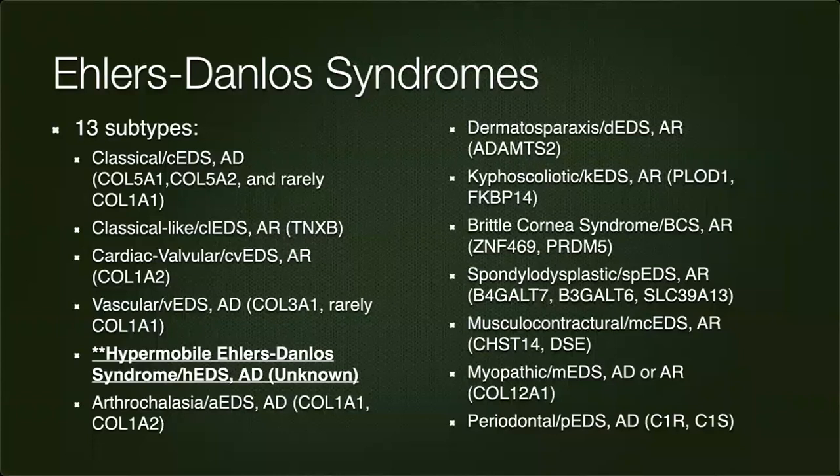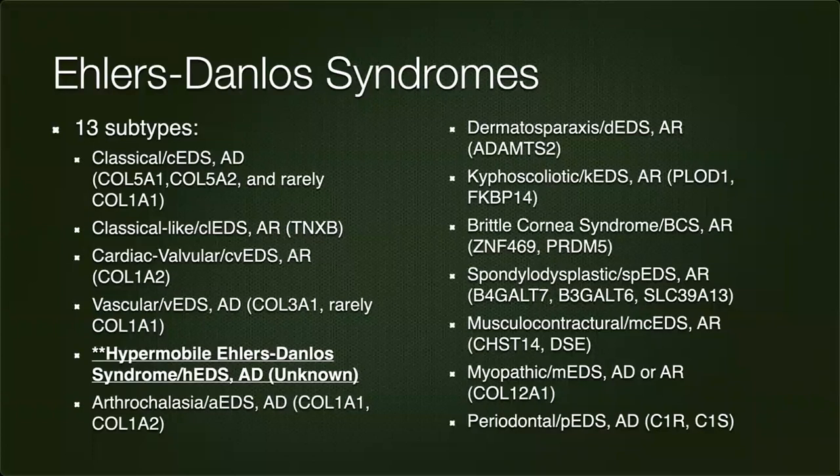Now on to Ehlers-Danlos. This is the most common genetic condition that causes joint hypermobility, generalized joint hypermobility. There are 13 subtypes. Many people in the Ehlers-Danlos and hypermobility world will put hypermobile spectrum disorder as almost the unofficial 14th subtype, but for academic purposes, it's still 13.